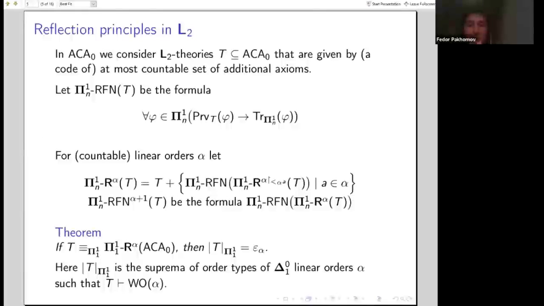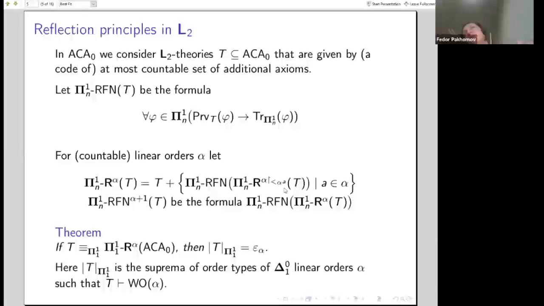In this notation, in the first formula, the line above this one, this is just the initial segment of our order up to the element a. This is a slight complication, because in second-order arithmetic we don't have ordinals.